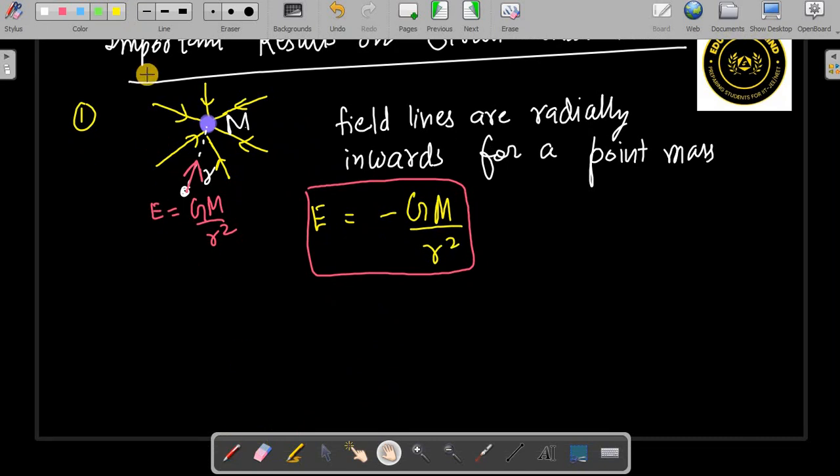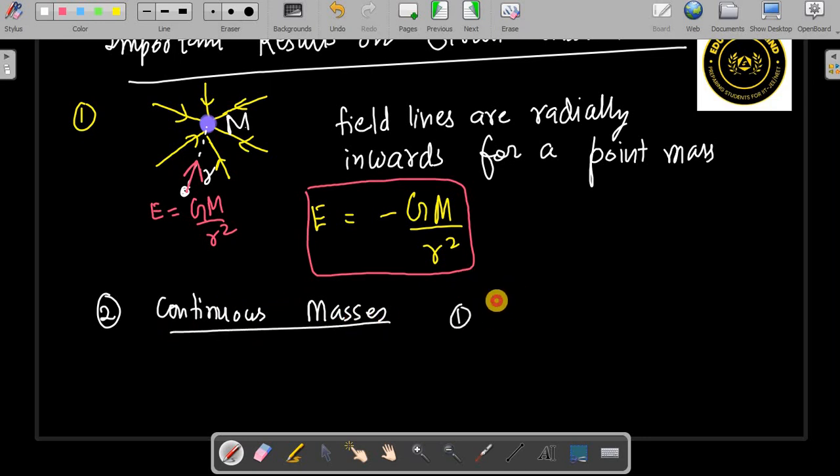Okay. Then another important result that you can note is what about the distribution of masses? Vectorially we have to add the field due to each of the masses, and let us consider continuous masses. So in continuous masses you can take a linear rod with uniform mass distribution.